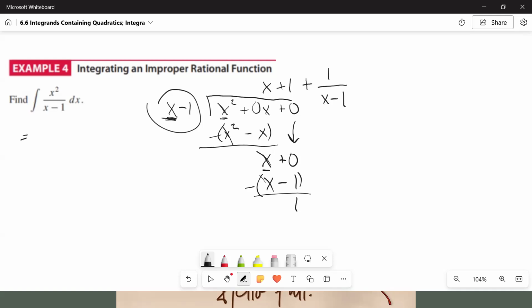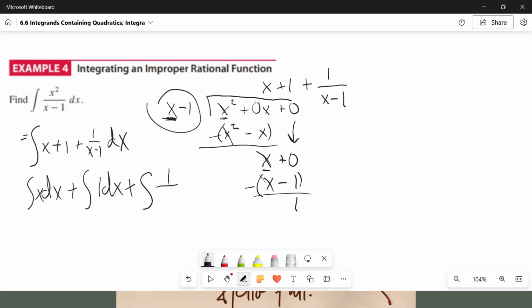Now, this integral becomes the integral of x plus 1 over x minus 1 dx. And now I can actually integrate this because I can think of it as the integral of x dx plus the integral of 1 dx plus the integral of 1 over x minus 1 dx.